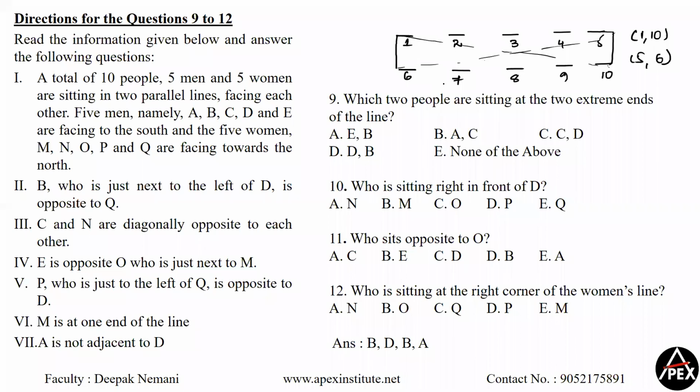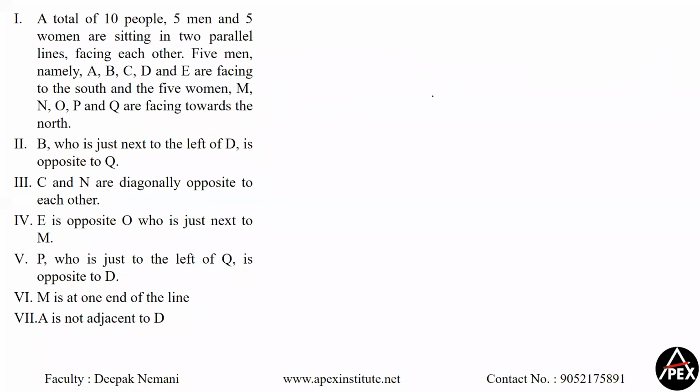Now let's see this question. We have a total of 10 people. 5 men and 5 women are sitting in two parallel lines, 1, 2, 3, 4, 5, facing each other. So everyone is exactly opposite another person.